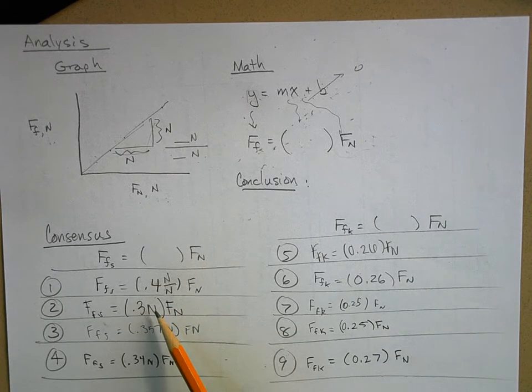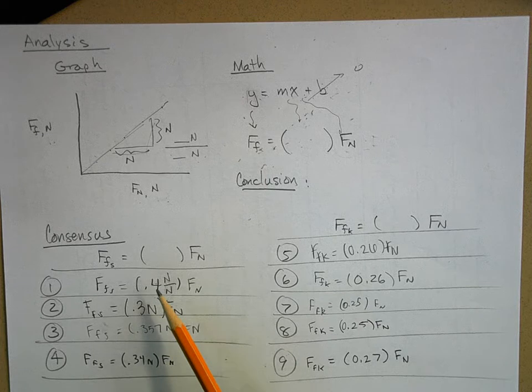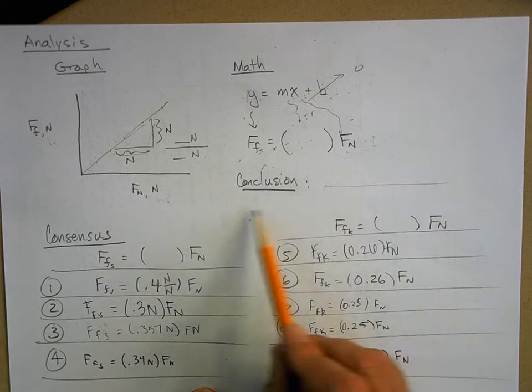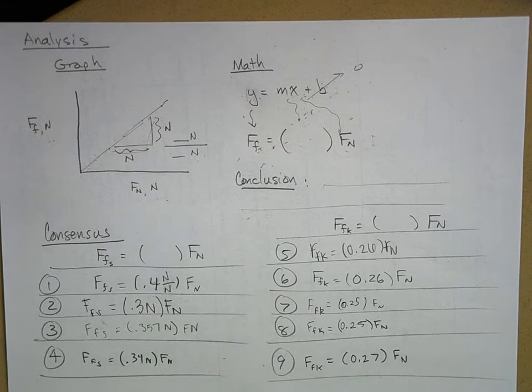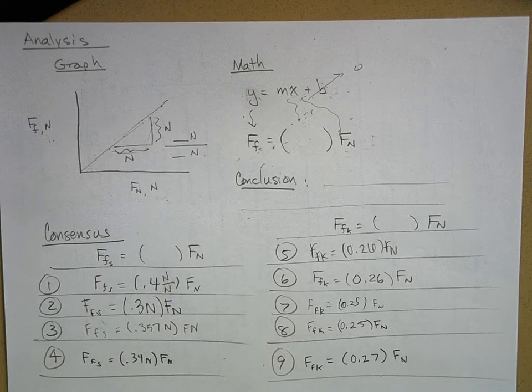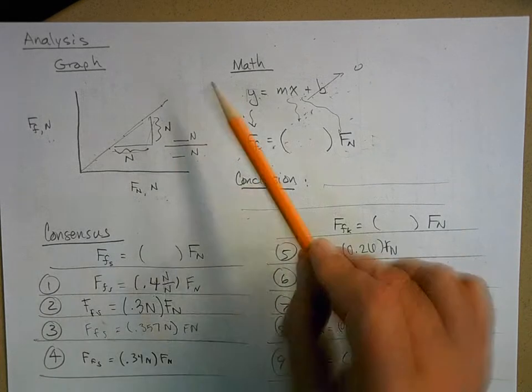Does that make sense? 0.4 newtons of friction for every newton of normal force. Now that should be what your conclusion is, because you need to answer the question, how does the force of friction depend on the normal force? Well, if you're group 1, you would say we get 0.4 newtons of friction for every 1 newton of normal force that we add, and it's directly proportional.